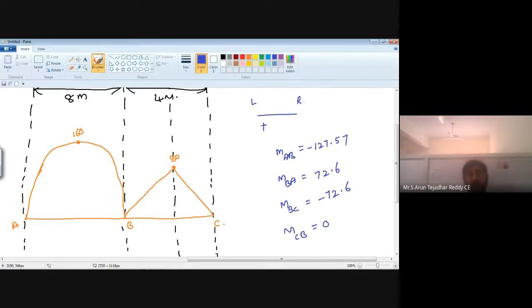Suppose if you get a negative value in the left side, then the bending moment diagram is above the beam. If you come to the right side, if there is a positive value, then the bending moment diagram is above the beam. If it is negative value, below the beam.